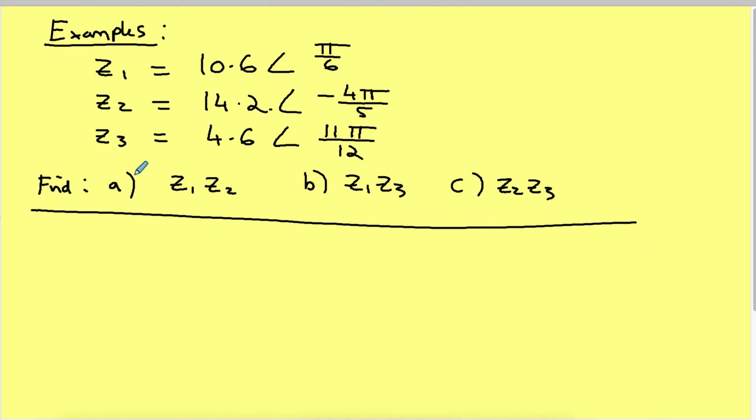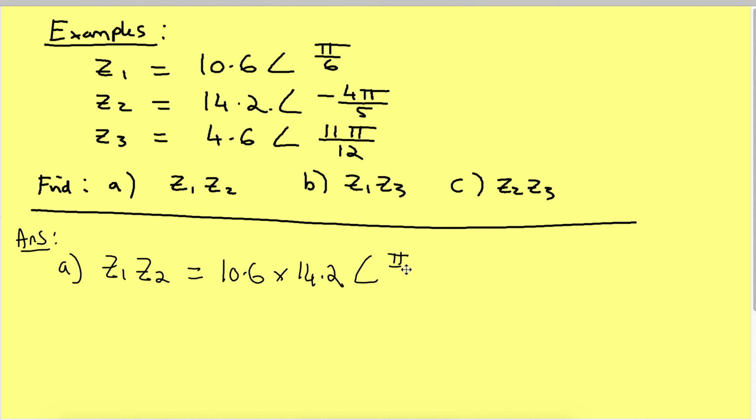Right, so let's look at A. So Z1, Z2. Right, so we multiply these two numbers together. So that's 10.6 multiplied by 14.2. And we add the angles together. So that's pi by 6 plus negative 4 pi by 5.